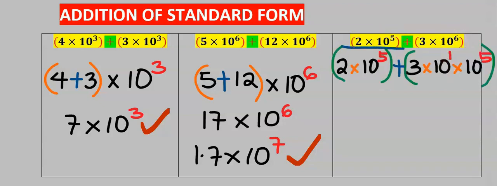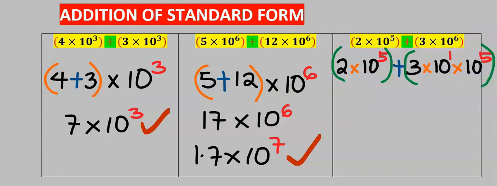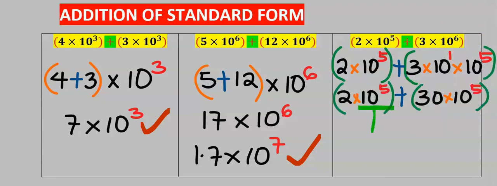This will remain this, while this will become this. 10 to the power of 1 multiplied by 10 to the power of 5 will give you 10 to the power of 6. Both are the same. Next, 3 times 10 will give you 30. 10 to the power of 5, and this is 10 to the power of 5.